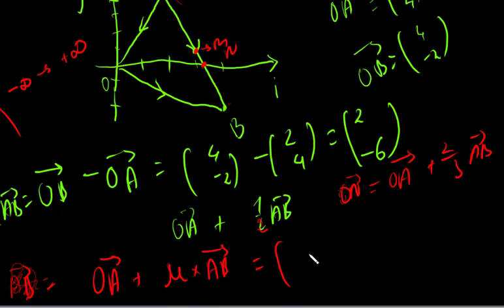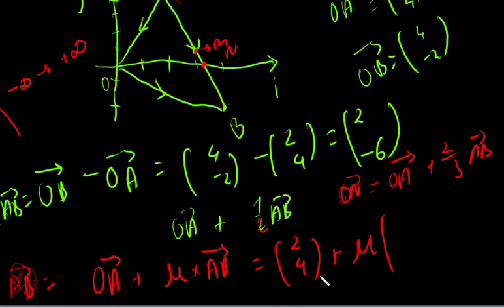This is equal to A, which is 2, 4, plus a constant. This constant can take any value from the range of minus infinity to positive infinity.